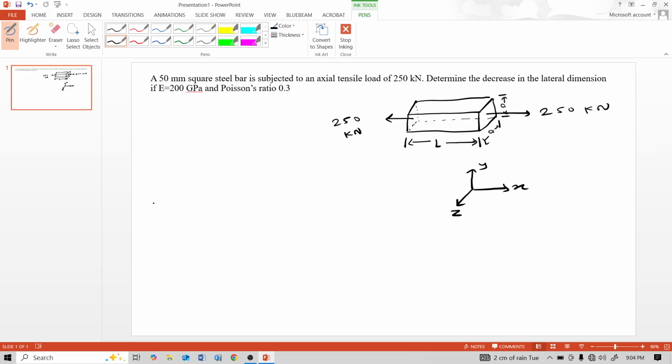To find change in A, change in lateral dimension, the given data is: 50 square bar. This A lateral dimension is 50 and the bar is steel bar, and the axial tensile load P is 250 kilonewton.